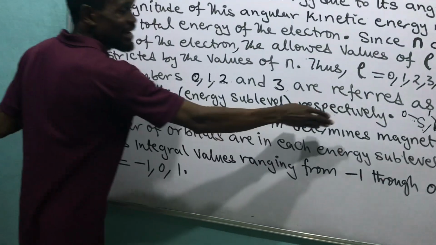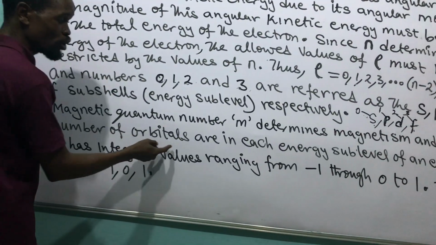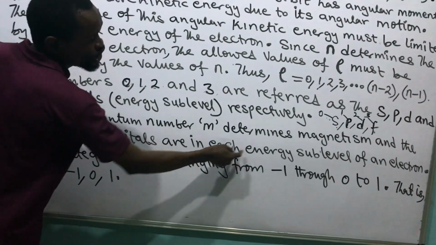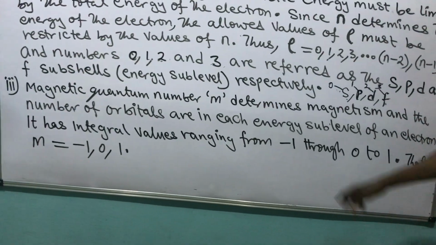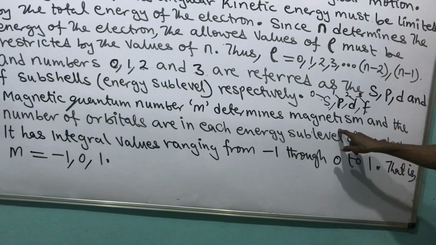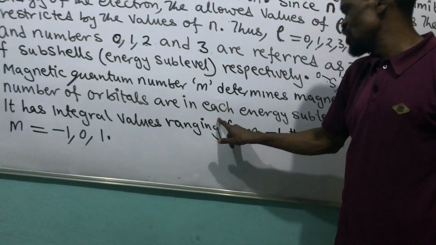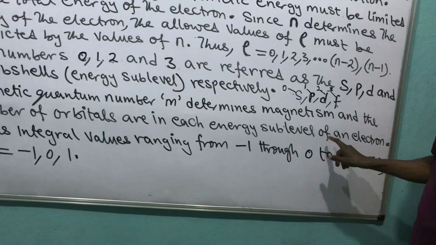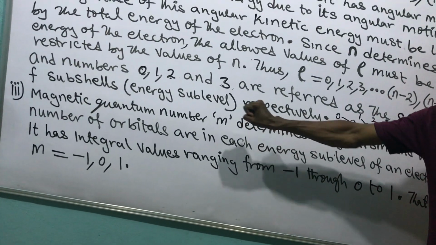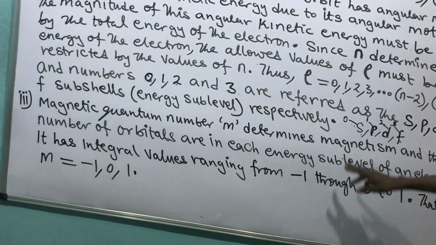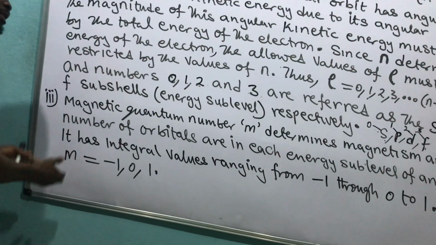It determines the magnetism of the electron revolving in a circular path, and the number of orbitals in each energy sublevel of an electron. This is what the magnetic quantum number does. He determines this.